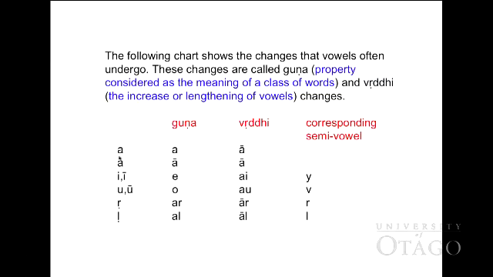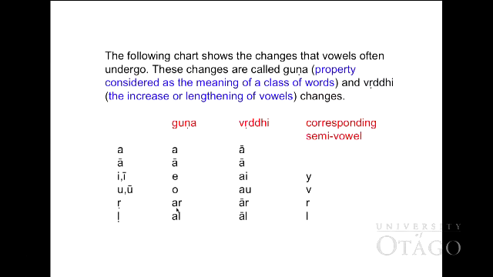Here you can see the normal vowels: a, i, u, ṛ. When you guṇa a, it will be a. Guṇa i will be e. Guṇa u will be o.